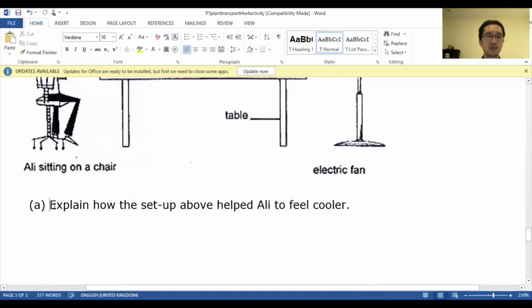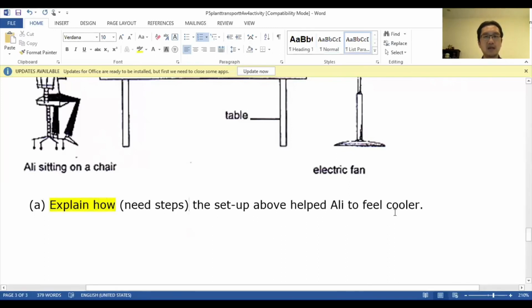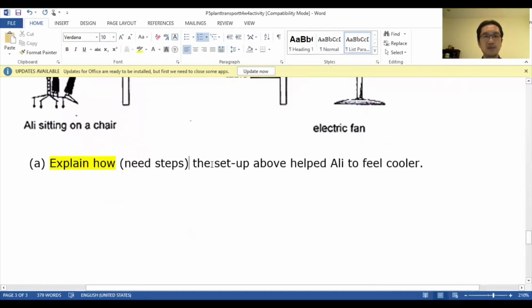Everyone, let's look together at "explain how". What happens when you see an "explain how" question? Basically, you are looking at the answer needing a few steps, together with the concept that is involved.